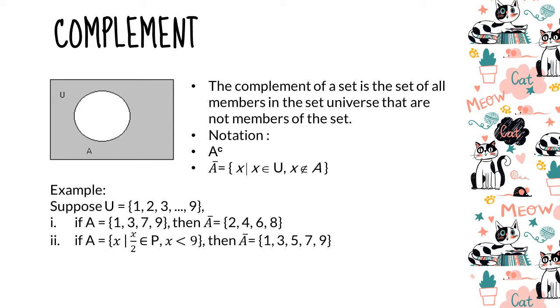For example, suppose U equals {1, 2, 3 until 9}, and number 1, if A equals {1, 3, 7, 9}, then A complement equals {2, 4, 5, 6, 8}. Number 2, if A equals {x | x is a member of B, x is less than 9}, then A complement equals {9}.